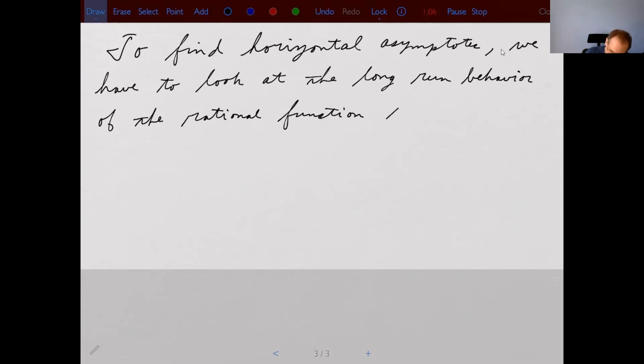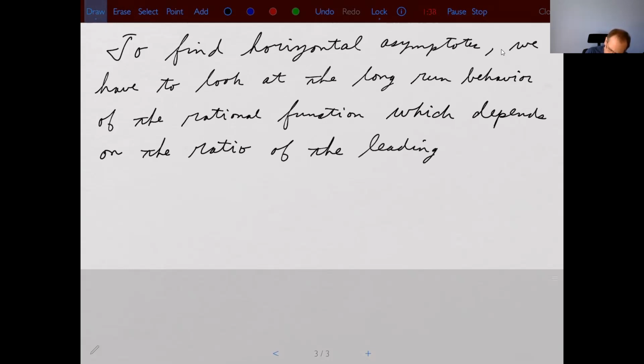Actually, let me back that up for a second. It depends on the ratio of the leading terms of the numerator and denominator functions.